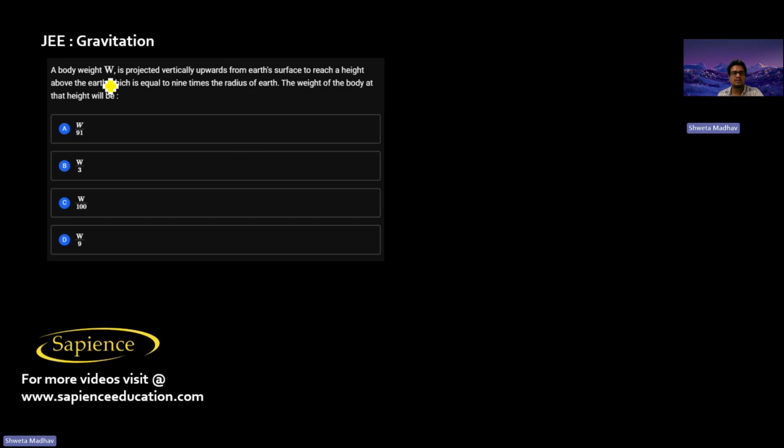So here it is told that a body of weight W is projected vertically upwards from Earth's surface. The body having weight W is projected upwards from Earth's surface to reach a height h above the Earth, which is equal to 9 times the radius of the Earth.